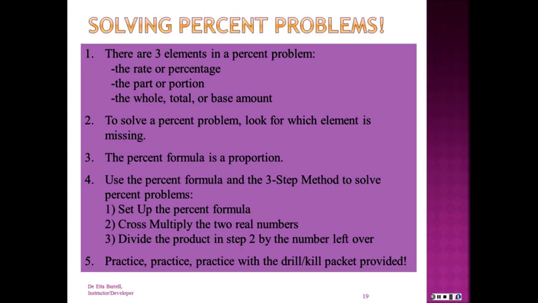Remember the 3-step method for solving proportions, which you will also apply to percents: set it up, cross multiply where you have 2 real numbers, and divide the product in step 2 by the number left over. Then you've got to practice. That's the only way you get good at this. Any questions?